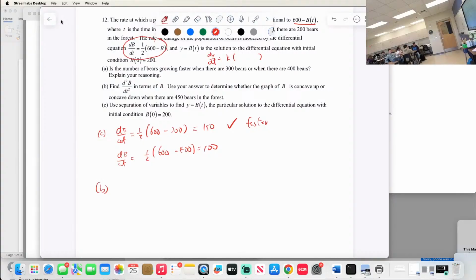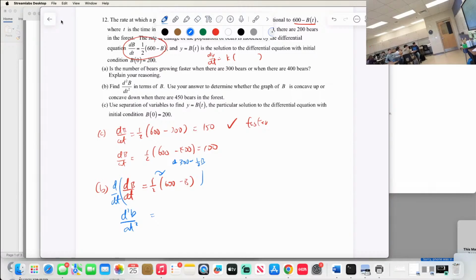And for B, if you have dB/dt equal to 1/2 times 600 minus B, and I want to take a second derivative, that means I'm going to do d/dt here, so it'll be d2B/dt2. I would distribute this first, so it'll be 300 minus 1/2 B. If I take a derivative of 300, it's going to be 0.